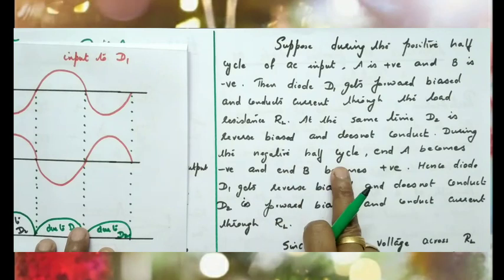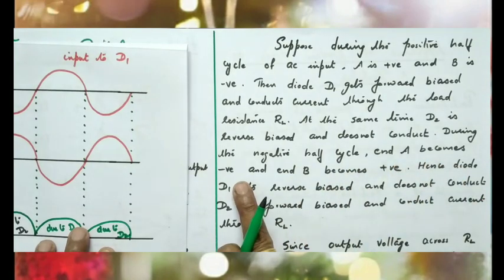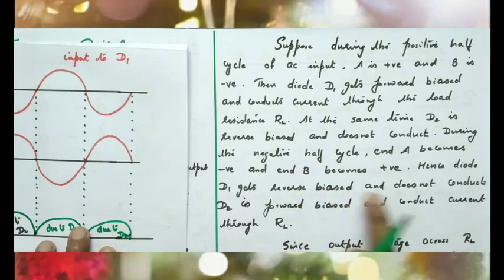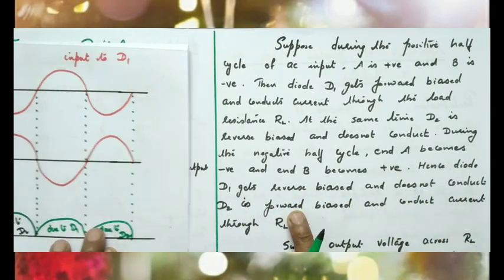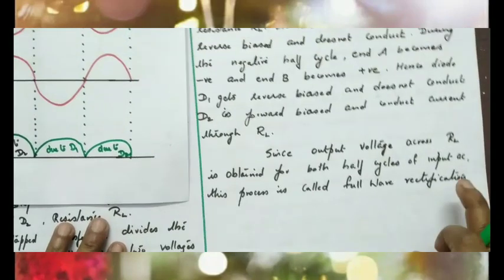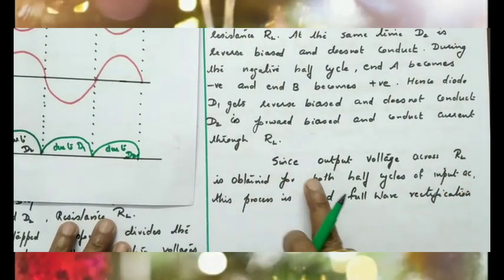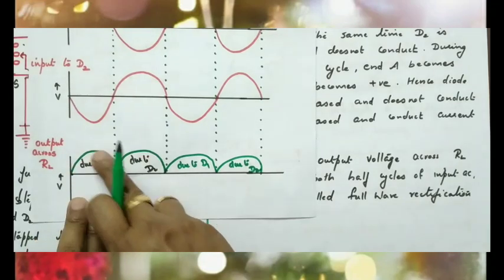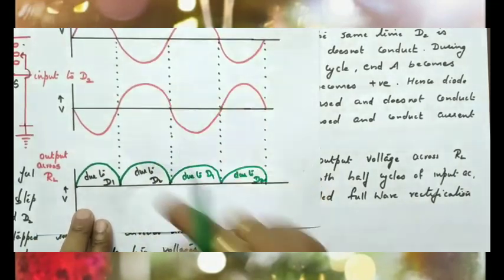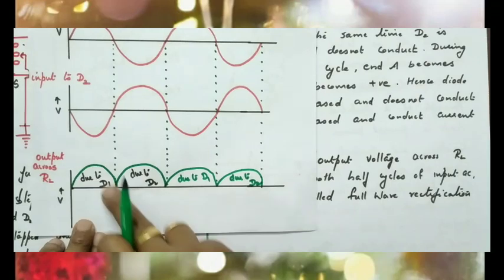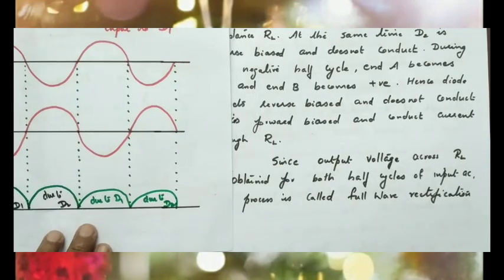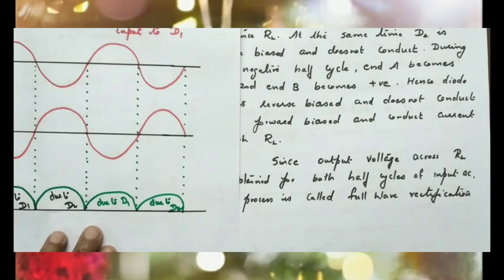During the negative half cycle, A becomes negative and B becomes positive, hence diode D1 is reverse biased and diode D2 is forward biased. Since the output voltage across the load resistance is obtained for both half cycles, either of the two diodes conducts, and hence we get the full output, and it is called a full wave rectifier. Okay children?